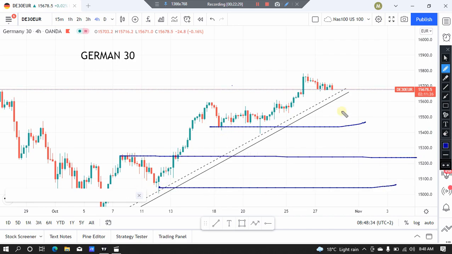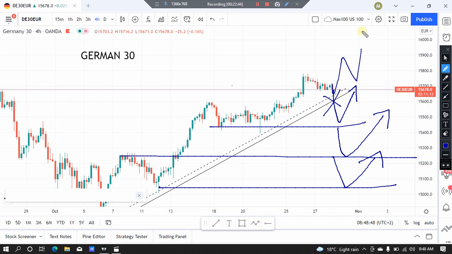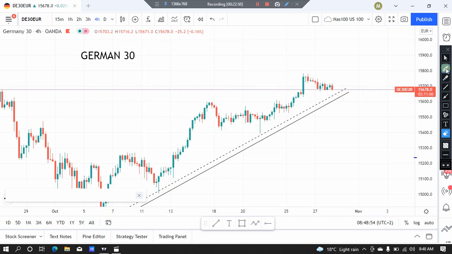We just have to wait for the market to do its thing. We wait for the market to give us that structure before we can say now it's time to buy or it's time to sell, if that is broken. But if it's not broken, we're still going to continue with our uptrend, because we don't just say, oh, it's high, the market is going to drop. We follow the rules.